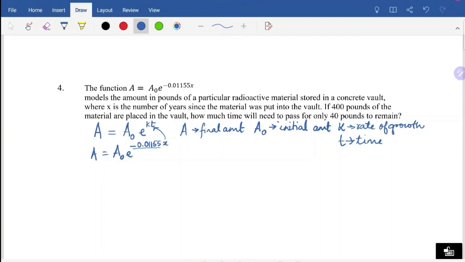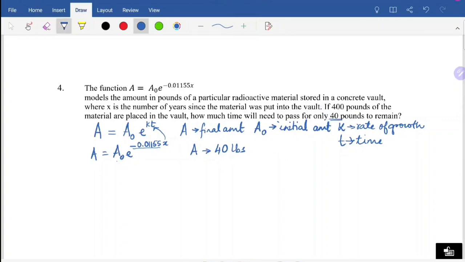So let's look for the values that have been given to us. Over here, A represents the final amount, and the final amount in this case is 40 pounds. That's what A is.